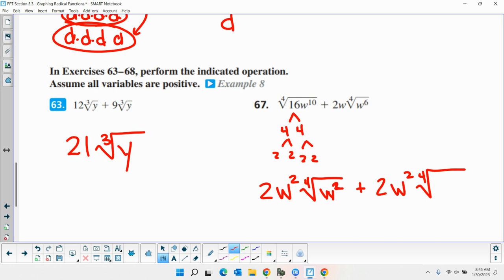So how many W's are left? 2, right? Now are they the same radicals and the same terms out front? It's got to be a W squared out front, and it's got to be W squared underneath, too. All that's got to be the same in order to add those. So what's 2 plus 2? Thanks, you guys.